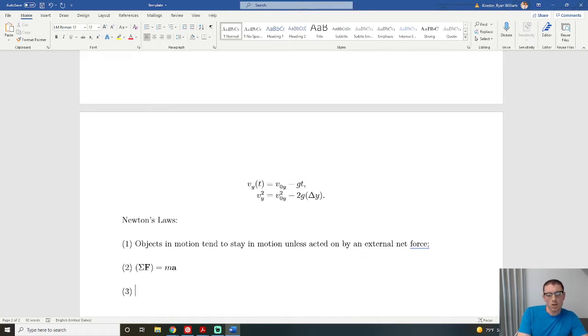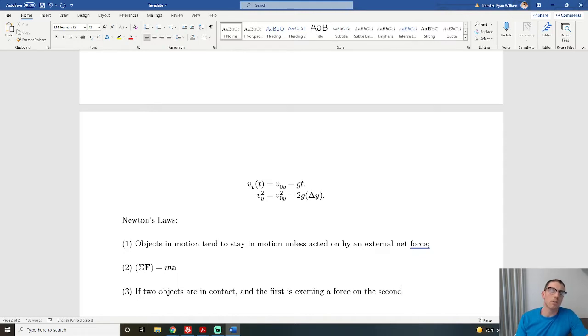Now, we can talk about the third law a little bit because this could be useful too. So let me just say something like, if two objects are in contact and the first is exerting a force on the second, and actually technically they don't have to be in contact, because we'll talk about the gravitational force later on in the class, and there is no physical contact between the objects in that case.